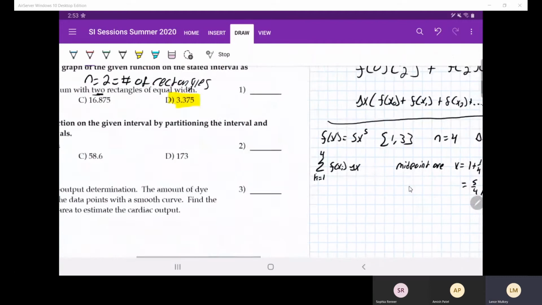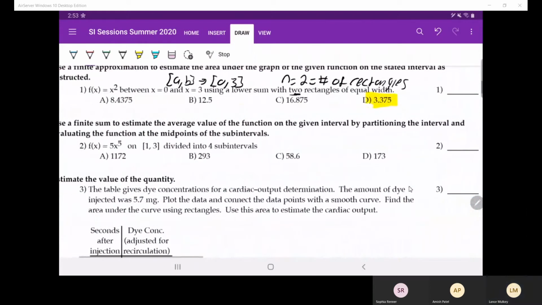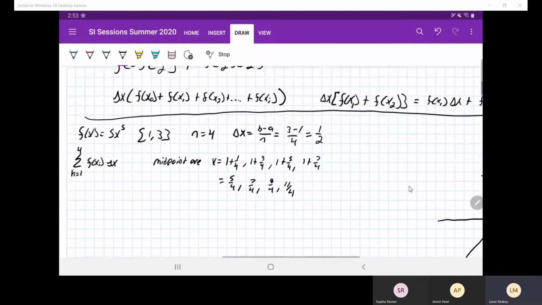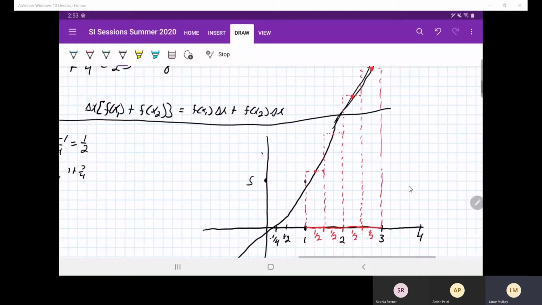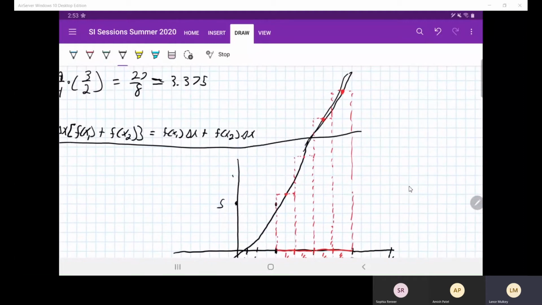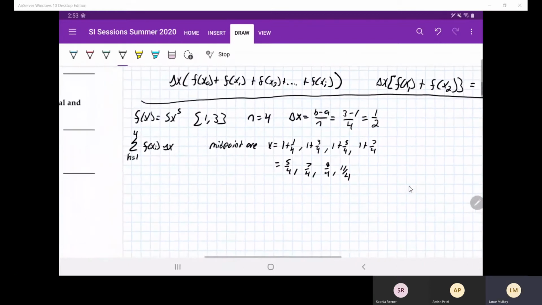Remember, I asked for the midpoint at the midpoints. It didn't say equal subintervals, which I don't like, but so that's your area, that's your estimation. You got a little bit less and a little bit more each time to make it more accurate.